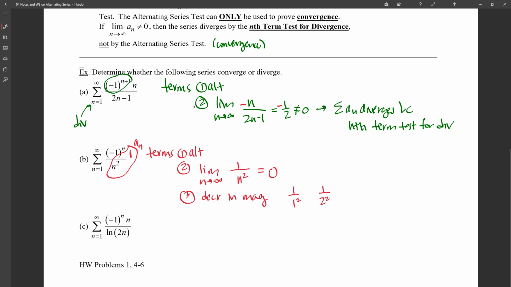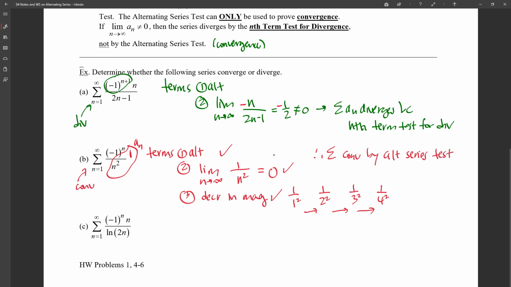If I put in 3, I'll get 1 over 3 squared. Are these terms decreasing in magnitude as n goes to infinity? Yes, they are. So check, they are decreasing in magnitude. All these are checks, so therefore the series will converge by the alternating series test. All right, so this series right here converges.